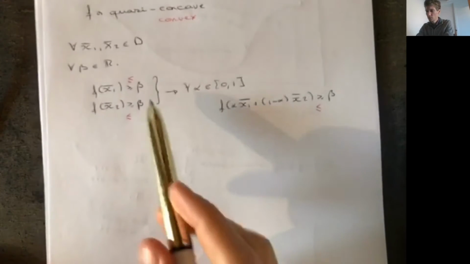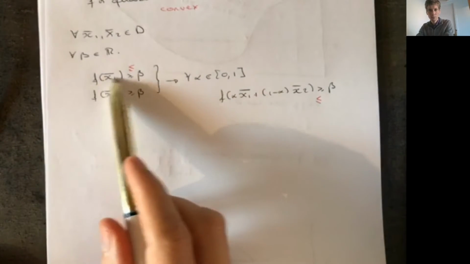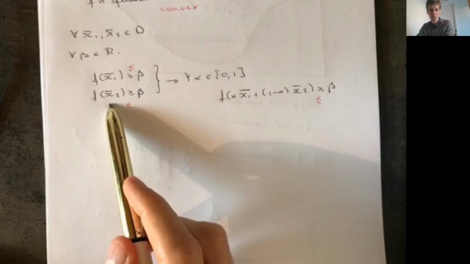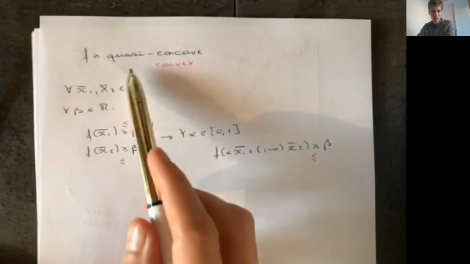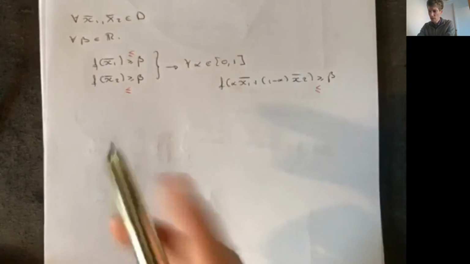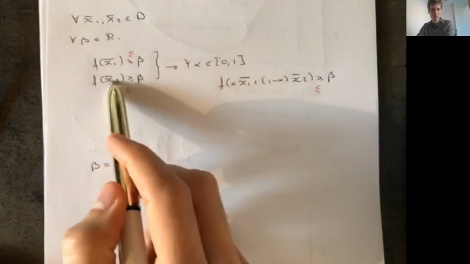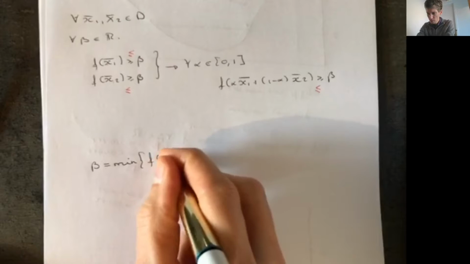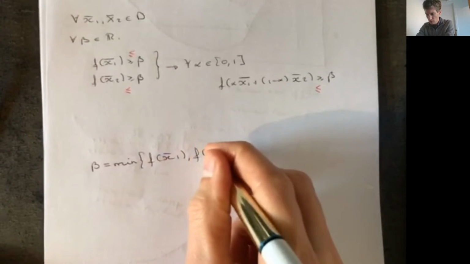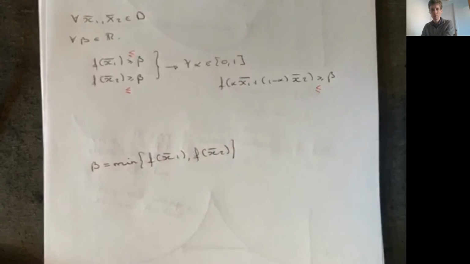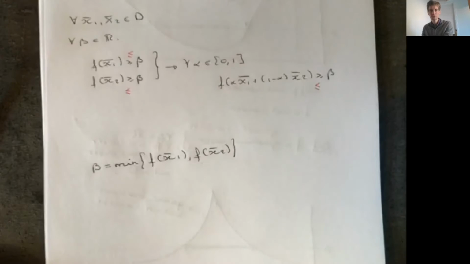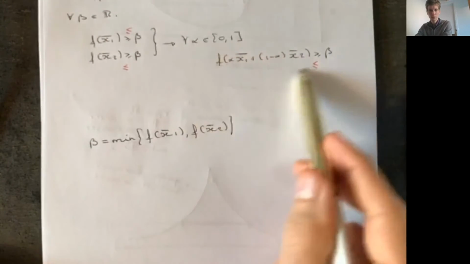So in general, I can put my beta to be equal to f of x1 or f of x2, right? So if I look at the definition of quasi-concavity, beta has to be lower than f of x1, and it has to be lower than f of x2. So I can put it equal to the minimum of f of x1, f of x2, right? If it's equal to the minimum, then it satisfies both of these conditions. Okay, so if I do this, what do I get here?